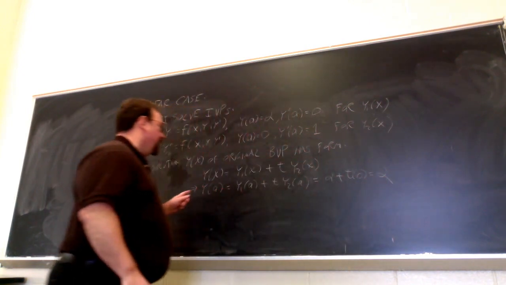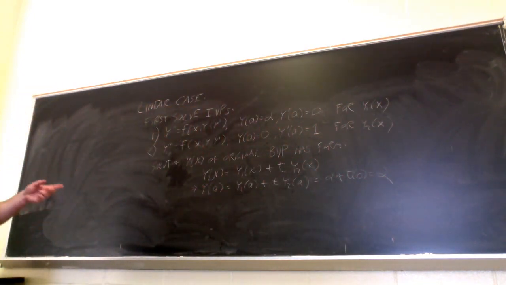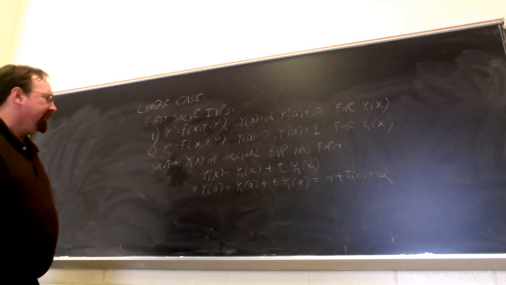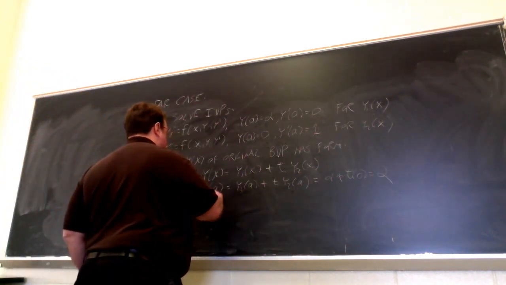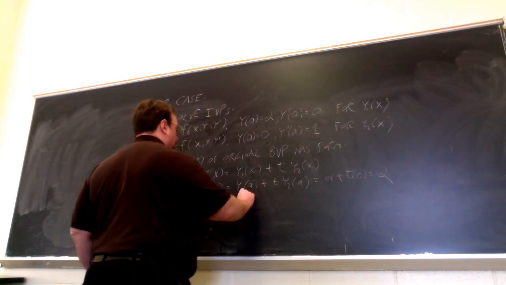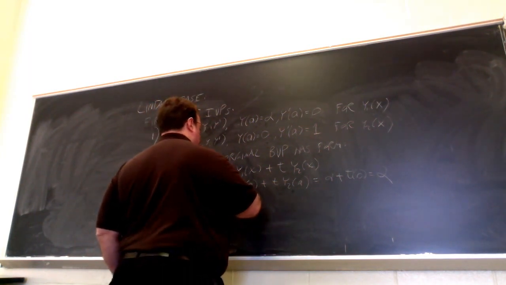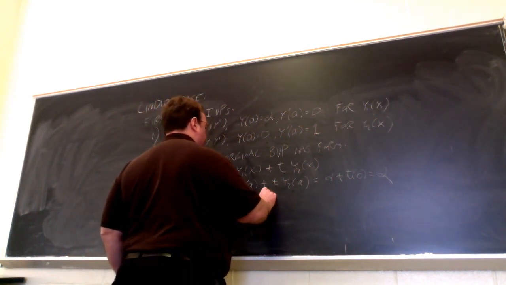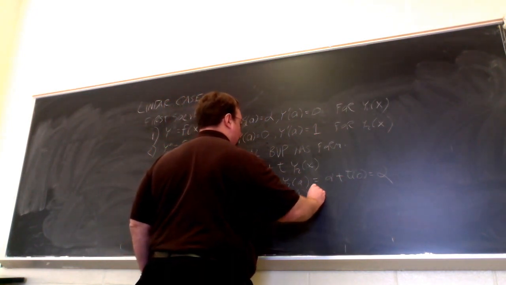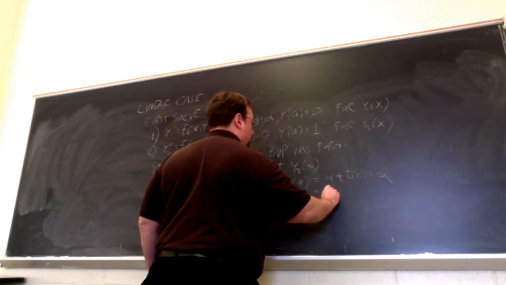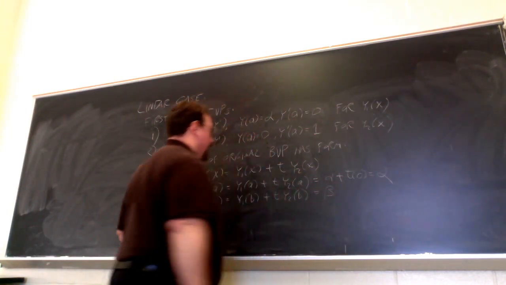So this y has the first boundary condition checking out. Now, let's look at x equals b. So we have y1 of b plus t y2 of b, and that is supposed to equal beta.